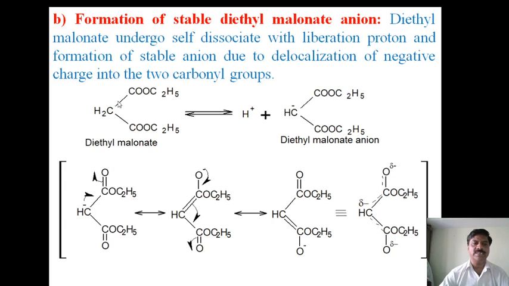Anything which liberates a proton is acidic in nature. Therefore, when this undergoes self dissociation, it forms H plus and this anionic compound. This anionic compound undergoes stabilization. If it is stabilized, it is more acidic. Otherwise, if it is not stabilized, it is less acidic in nature.